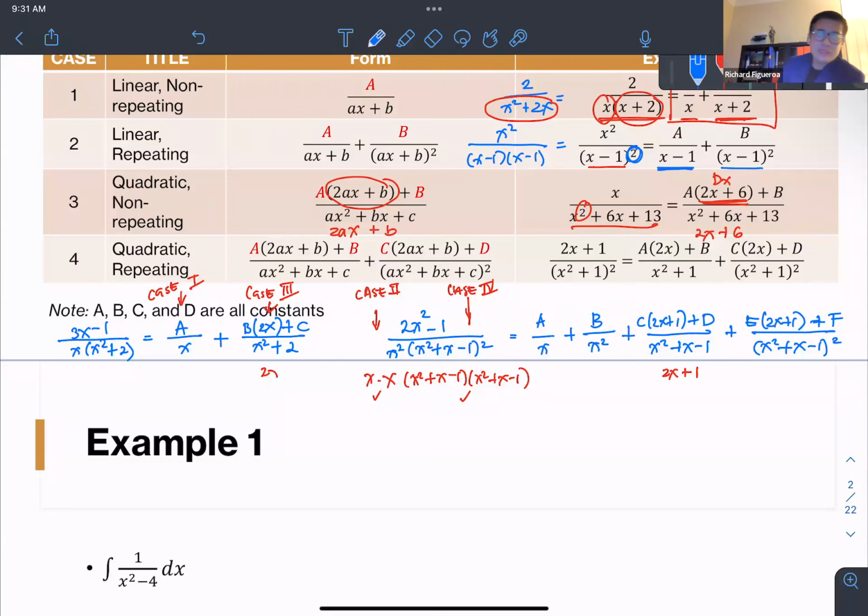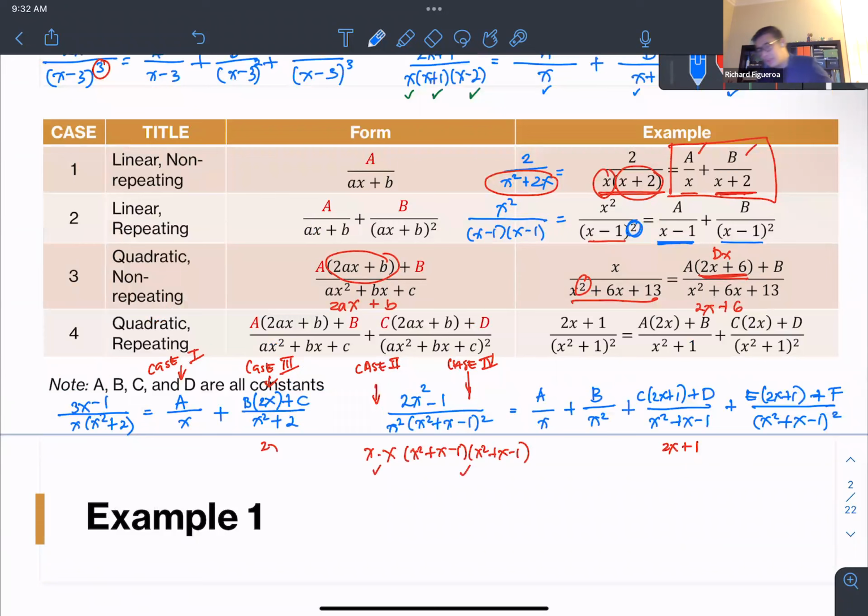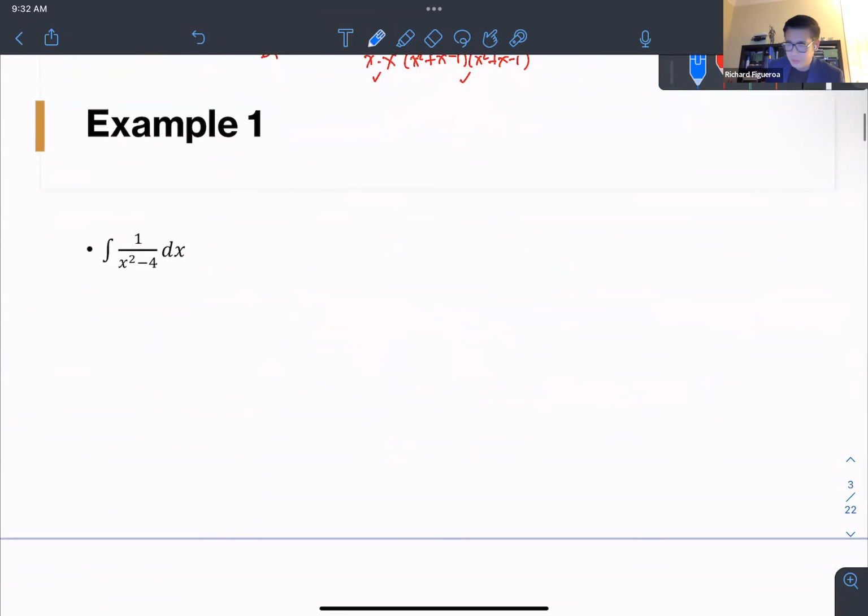Okay? So that's how we classify the cases. That's just the first step in the integration process. We can better understand this once we proceed with the examples.